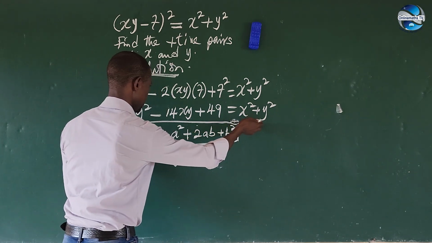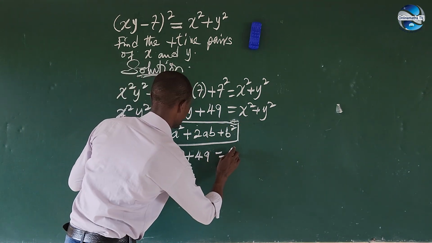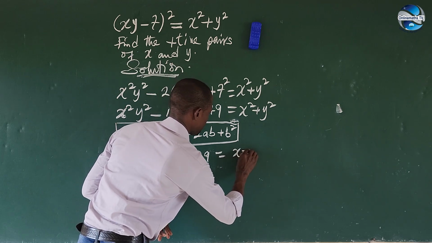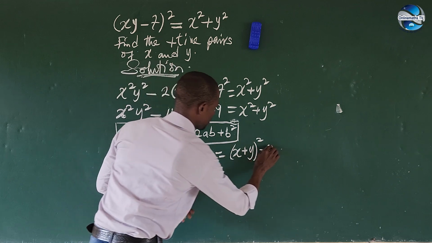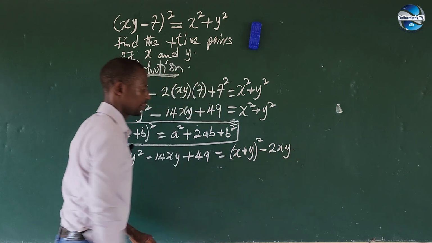So we can rewrite x² + y² as (x + y)² − 2xy.